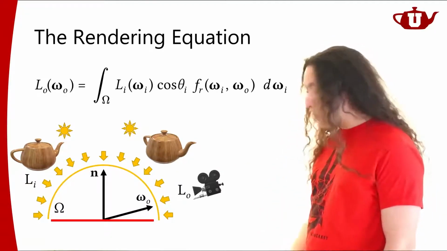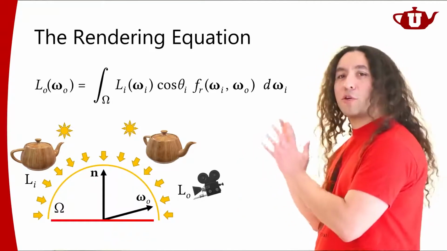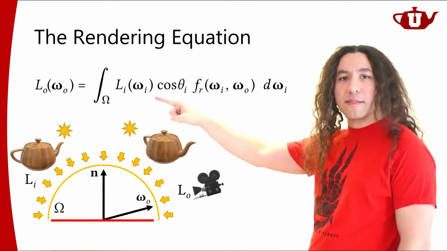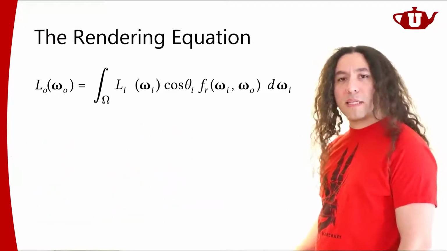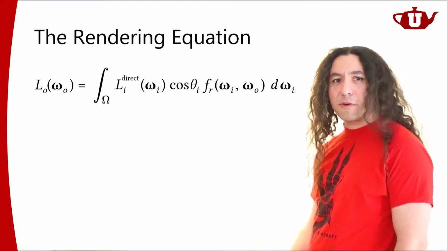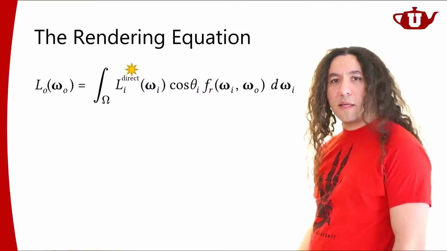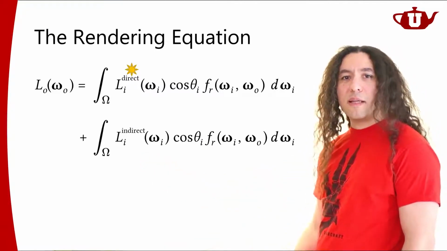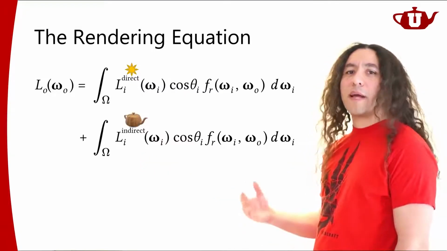Right? So what we typically do when it comes to computing this integral is that we're going to split this light term into two pieces. One term is going to have the direct illumination, that is light directly coming from the light sources. And the other term is going to be the indirect illumination, light coming indirectly from light sources.